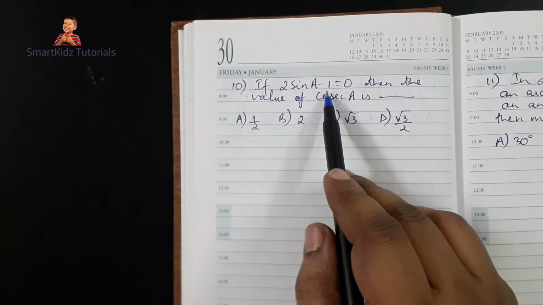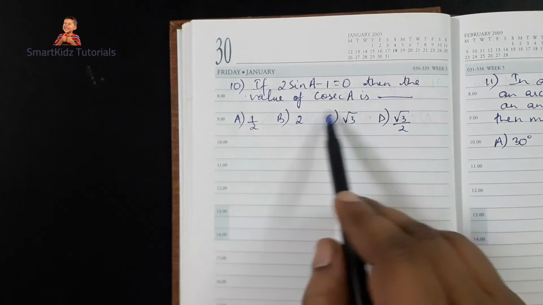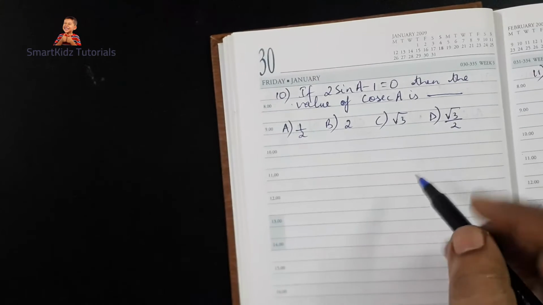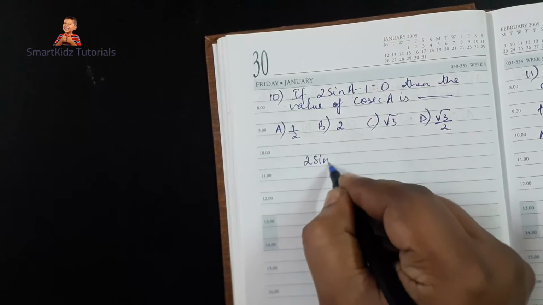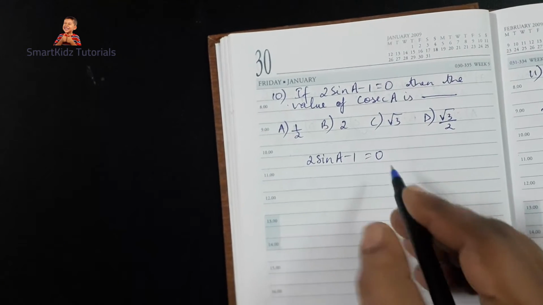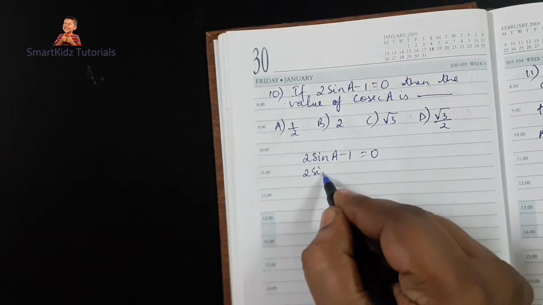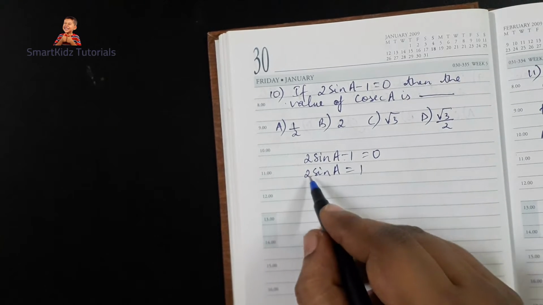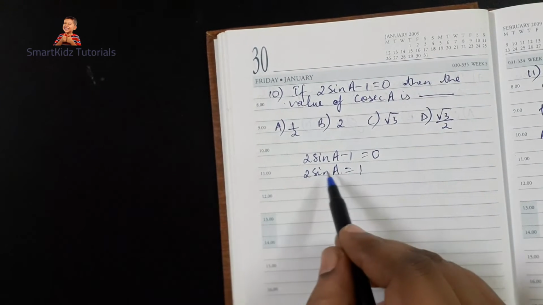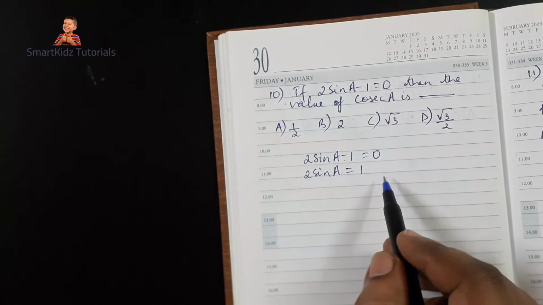If 2 sine A minus 1 equal to 0, then the value of cosec A is dash. Choices are here, so let's write it down again. 2 sine A minus 1 equal to 0. You can write this as 2 sine A equal to positive 1, taking the minus 1 to the other side. Since 2 is multiplied into sine A, if I take 2 to the other side, it will get divided.